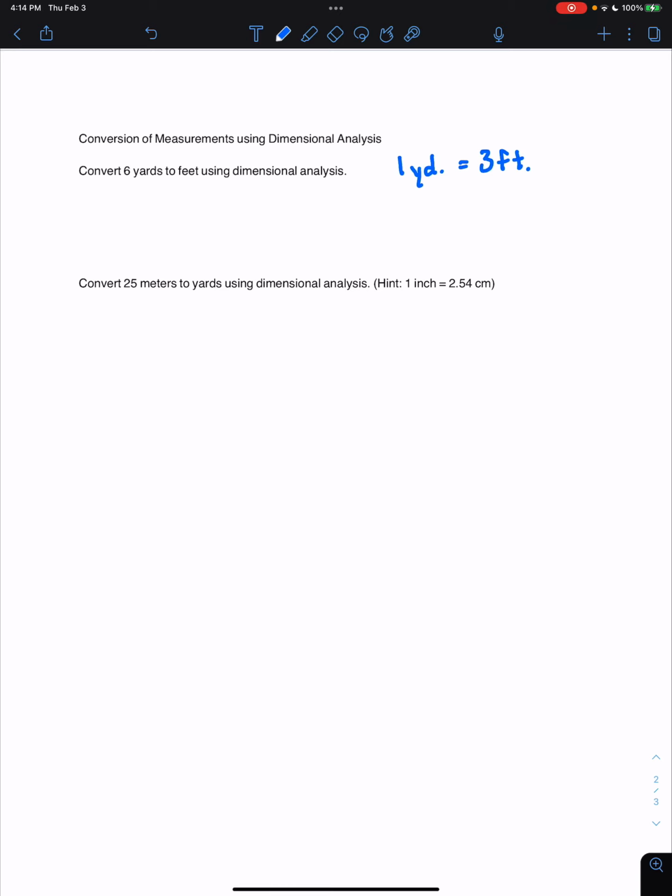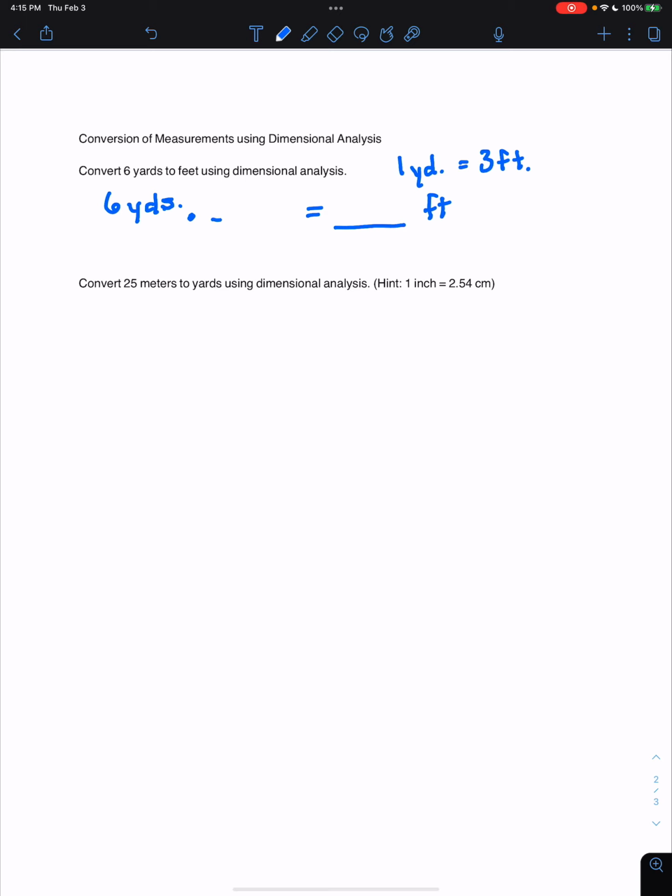So I want to go from 6 yards to some number of feet. I need to use my conversion equality here, my dimension, and I'm going to multiply by a factor so that I cancel out or get rid of yards here, and I'm left with feet.